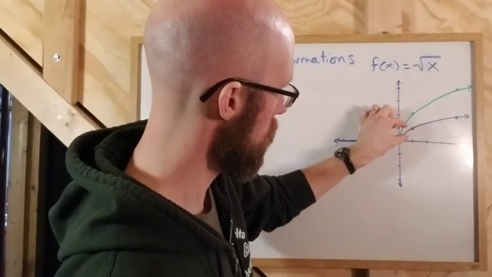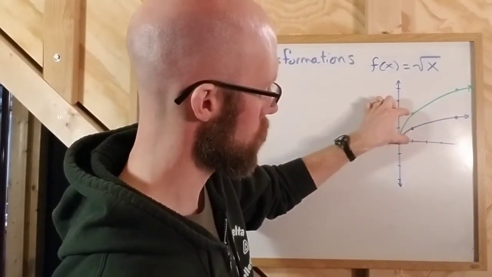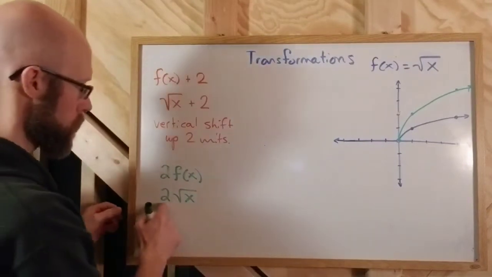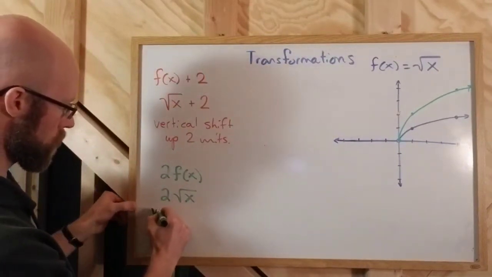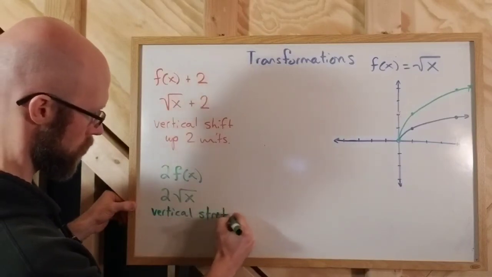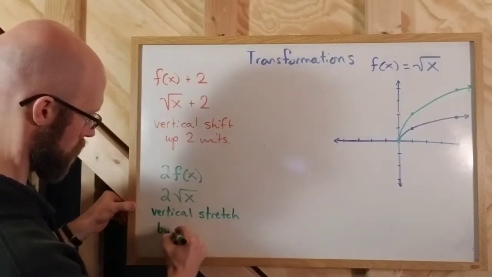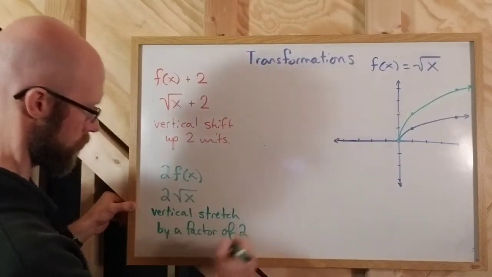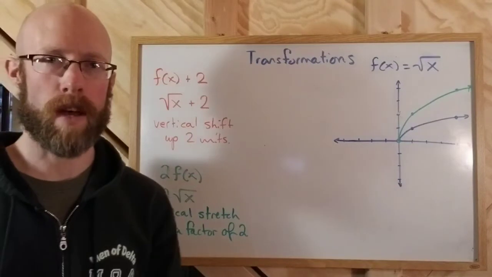Every point's distance from the x-axis is now doubled. That's what multiplying by 2 will do. So multiplying by 2 is a vertical stretch by a factor of 2, okay? A stretch by a factor of 2.